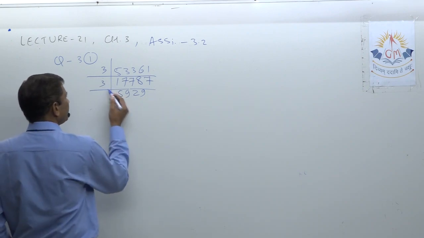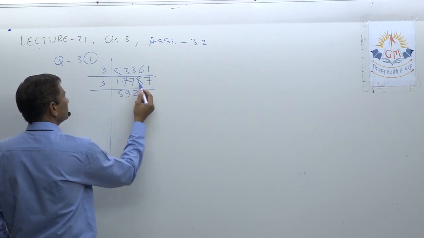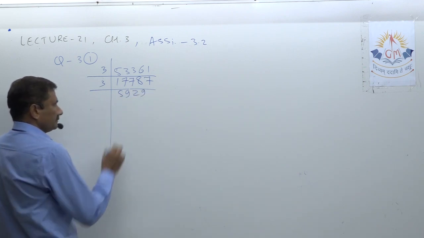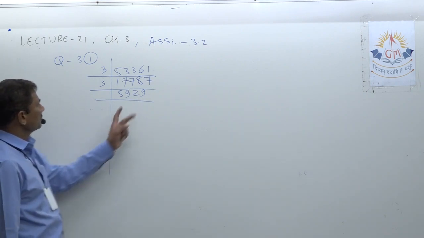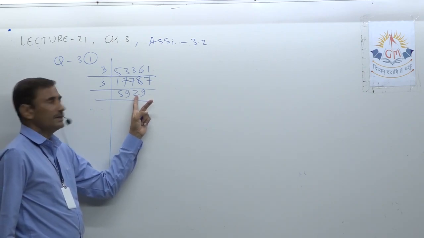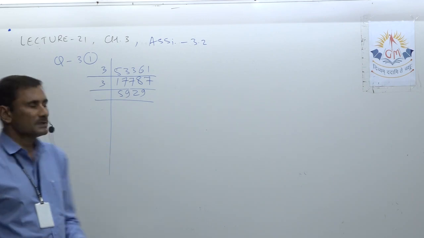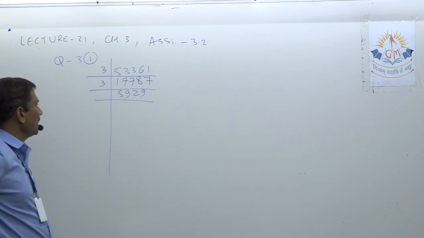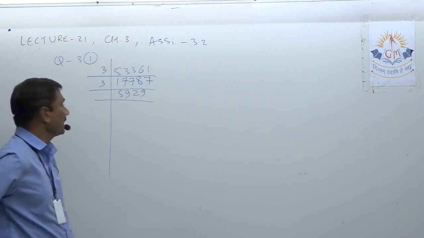Okay, verifying. Now again look, not divisible by 2, so 9 2s are 18 plus 2 is 20, plus 5 is 25. So obviously it is not divisible by 3, and not divisible by 5 either.